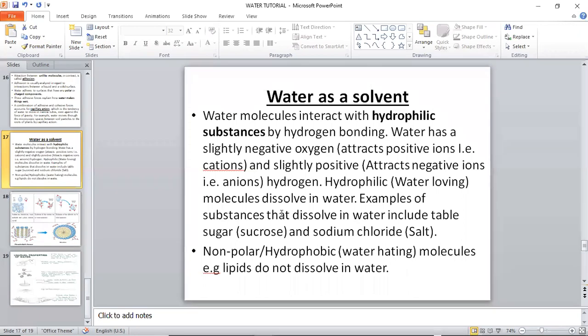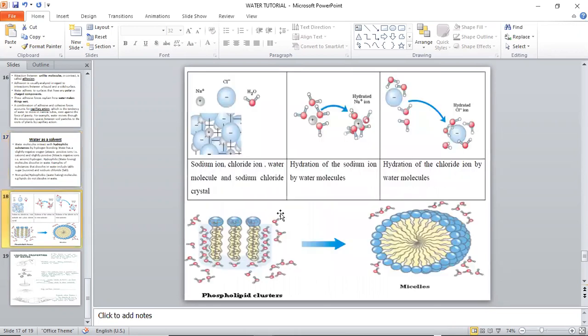And then we have non-polar or hydrophobic, water-hating molecules such as lipids or fats that do not dissolve in water. This diagram shows sodium chloride. The diagram on top is showing the interaction of sodium chloride or salt with water.